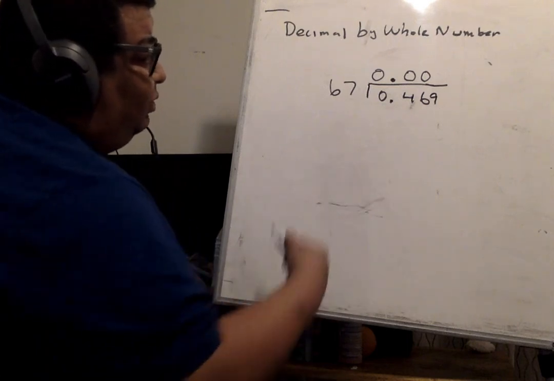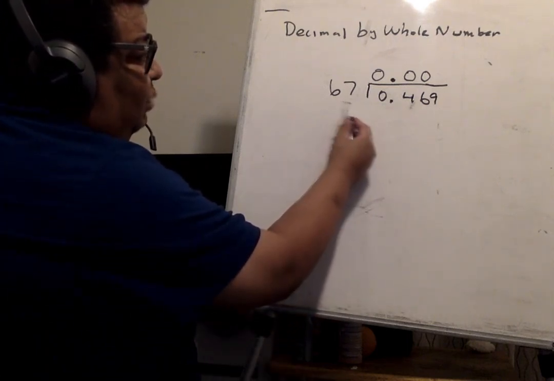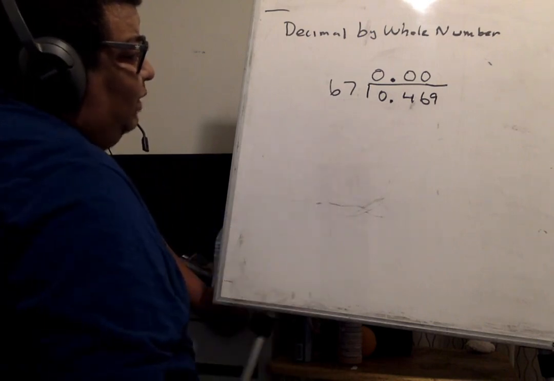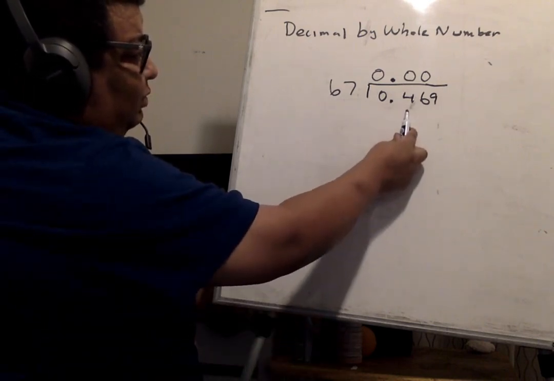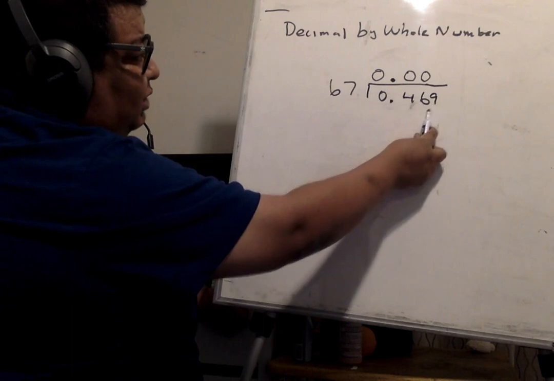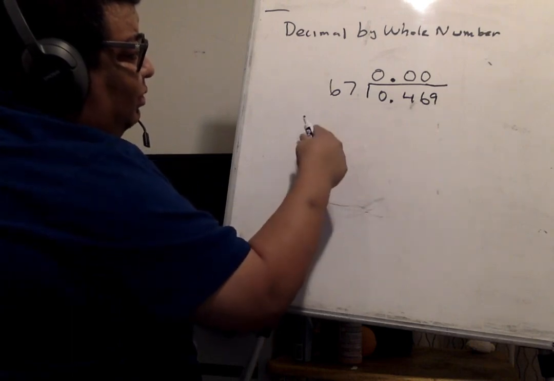So let's find out. So in 100 there is 161. There is one, it goes one time. So in 400 it's about four times, and 69 that's another one, so that would be 5 times.